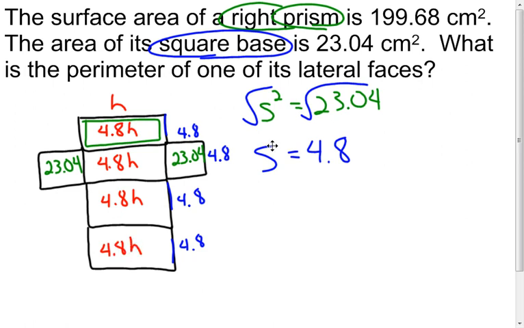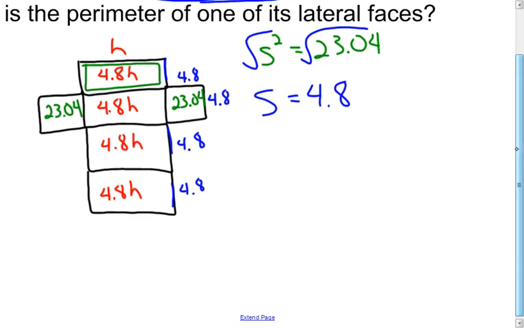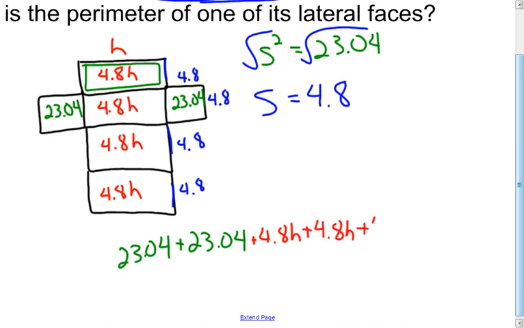Now I need to add all those together. So if I add them all up, I have 23.04, I have 2 of those. And then I have 4 of the 4.8h's. There's 3 of them, and there's the 4th.